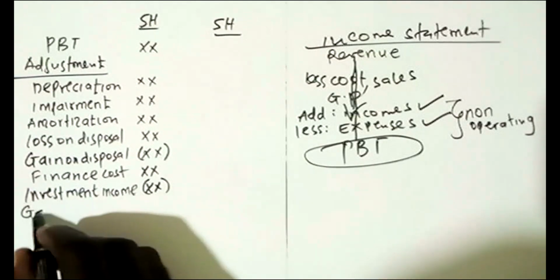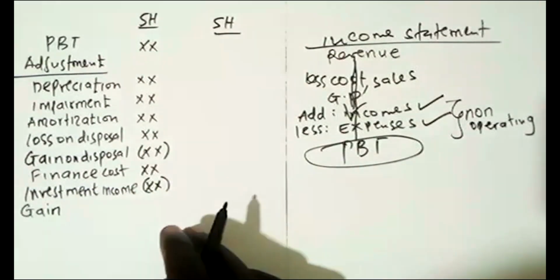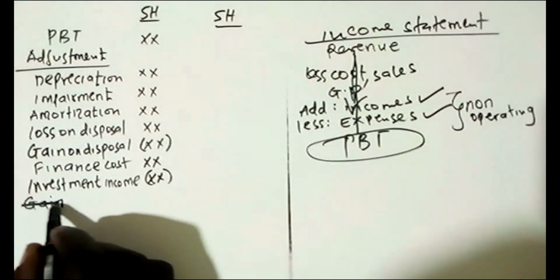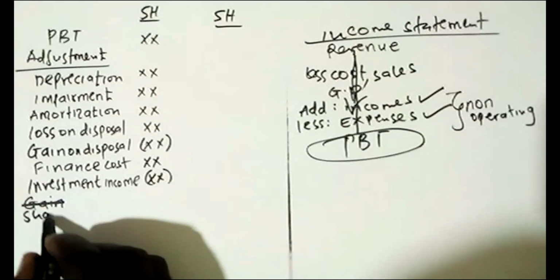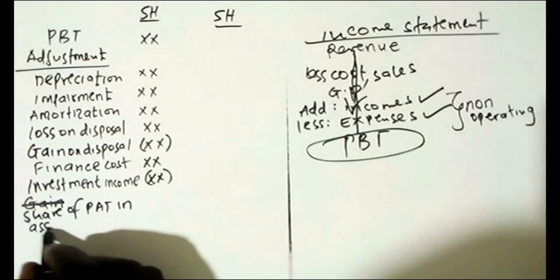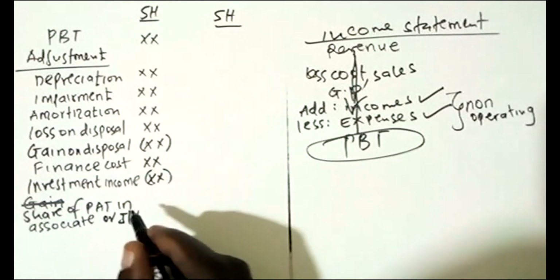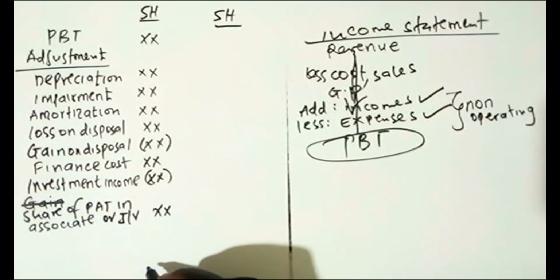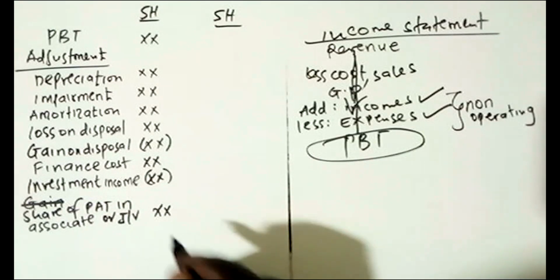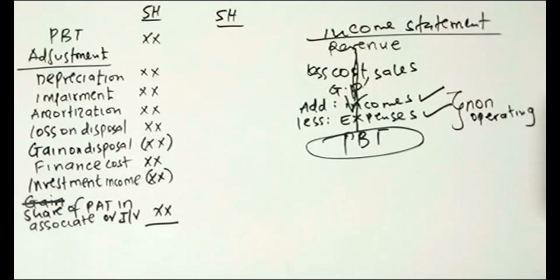Then we can have share of profit after tax in associate or joint venture.